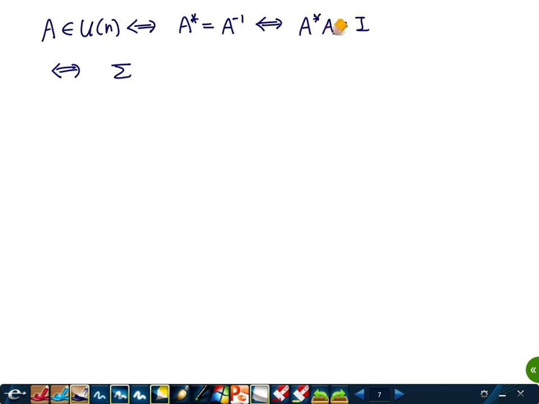The sum over L from 1 to N of A_LJ conjugate times A_LK equals delta JK for all J, K equal to 1, 2, ..., N. I just rewrote this as an equation, because it's a conjugate, I exchanged J and L.